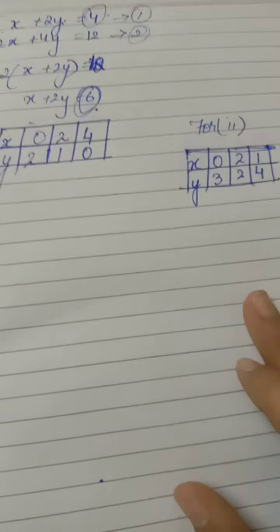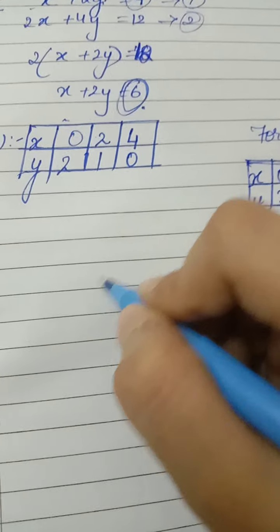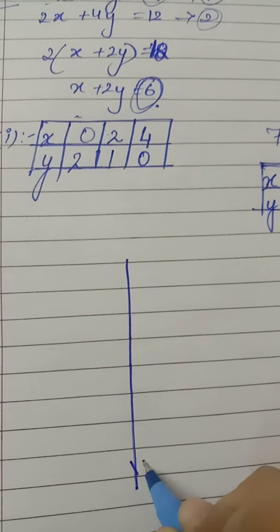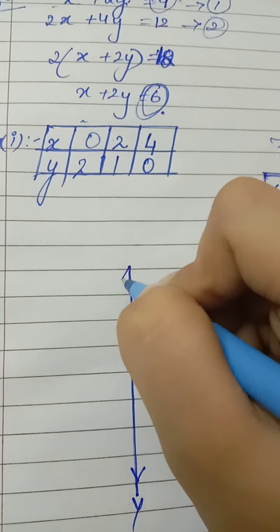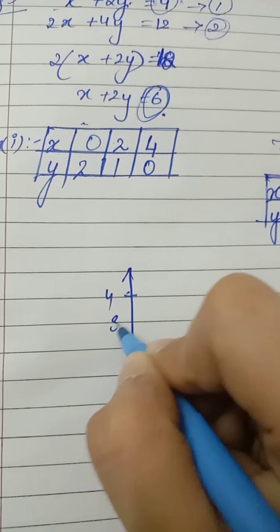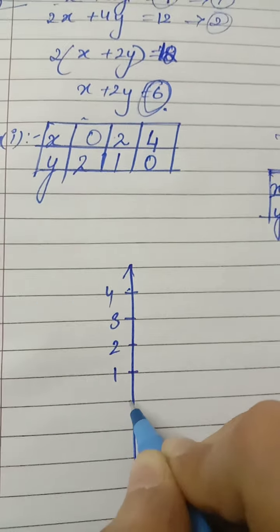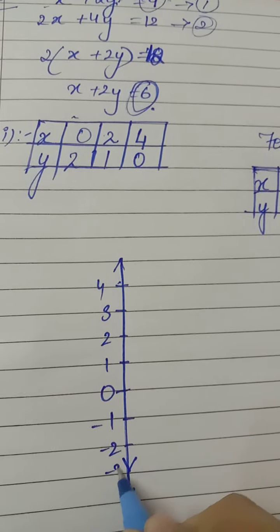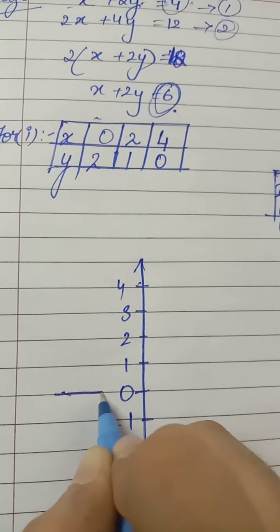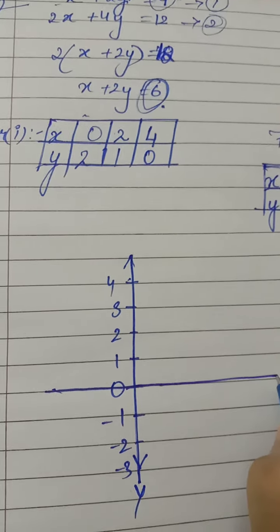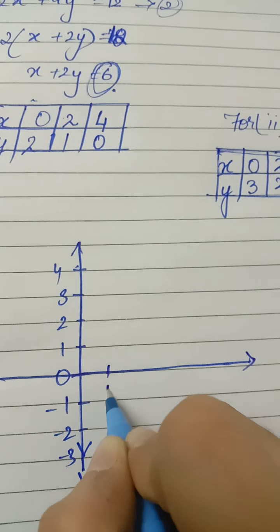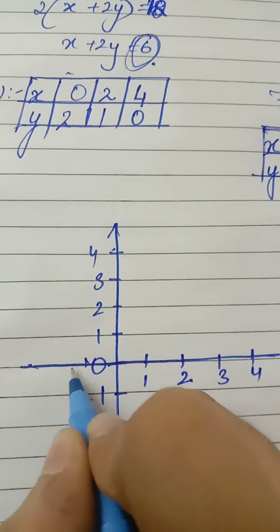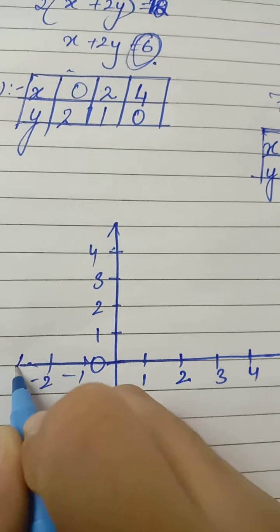So let us make our graph. We have -1, -2, -3, 3, 4, -1, -2.